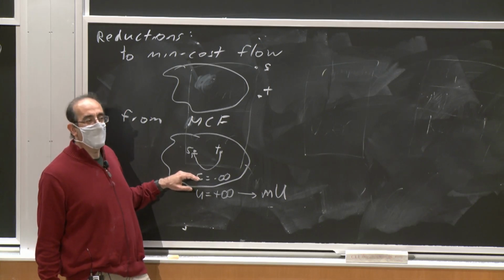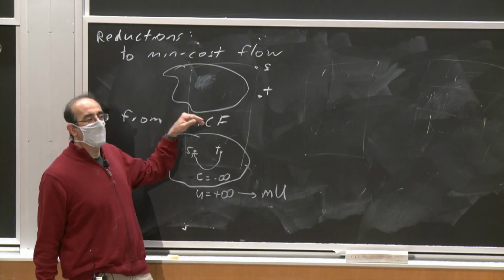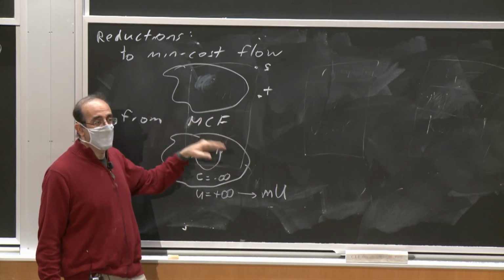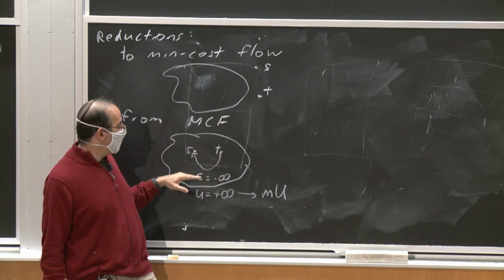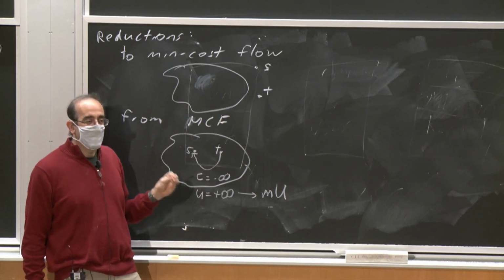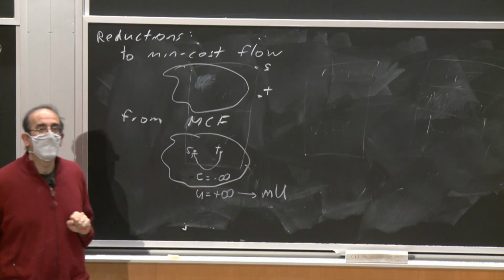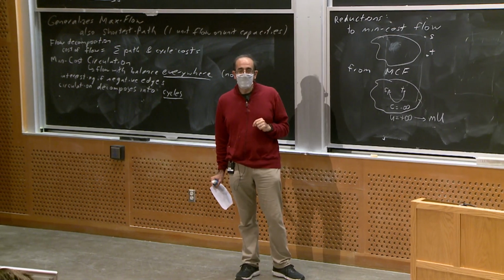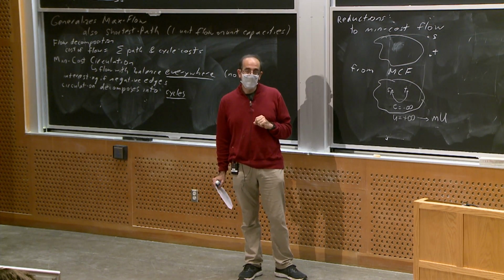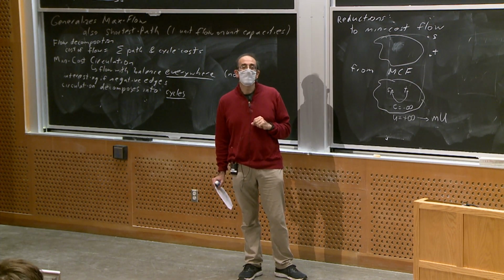Well, I might have some flow that is really expensive to send from S to T, and it isn't worth it to send it and then bring it back. So how do I make C big enough or negative enough so that it's always worth it to bring the flow back? So the maximum the flow can cost from S to T would be the number of edges times the maximum capacity times the maximum cost.